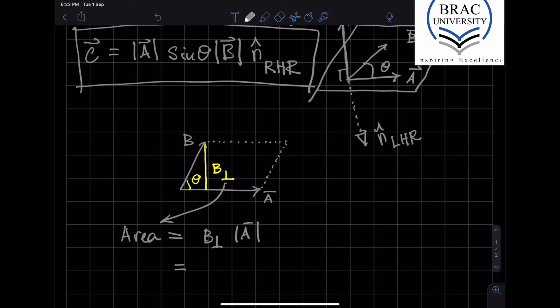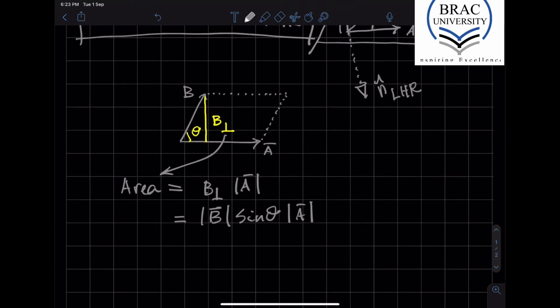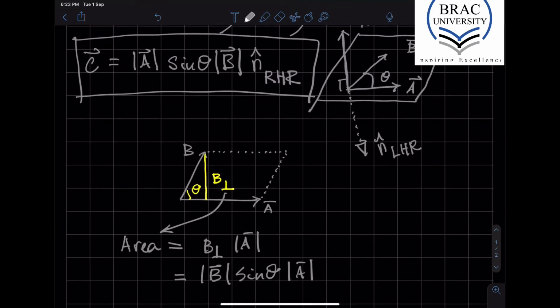B perp is nothing but the magnitude of the vector B times sine of theta. For the sake of this discussion, we shall restrict the angle theta to be between 0 degrees and 180 degrees, which in radians is pi. Later in the video, we shall see what will happen if the angle is greater than that.